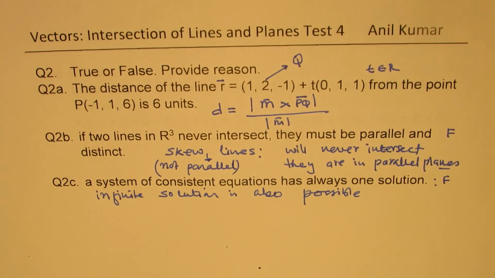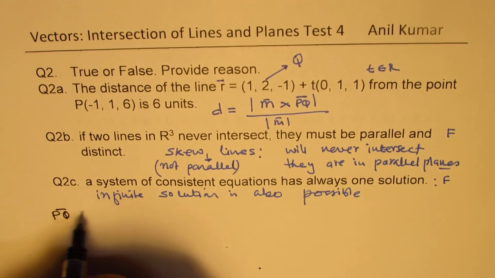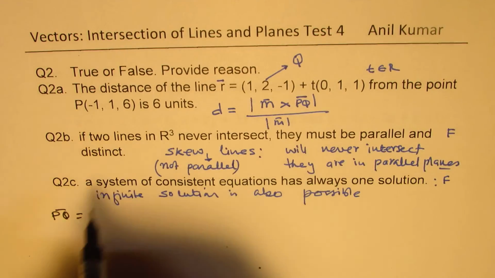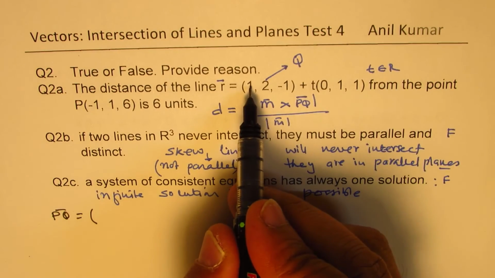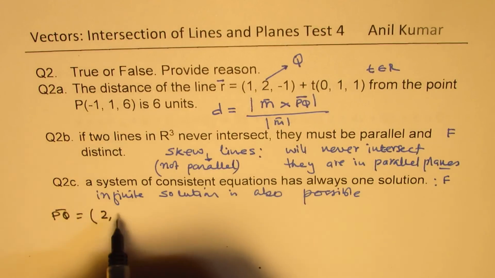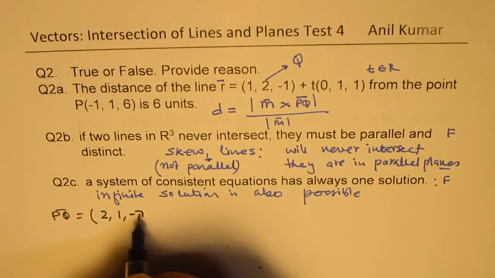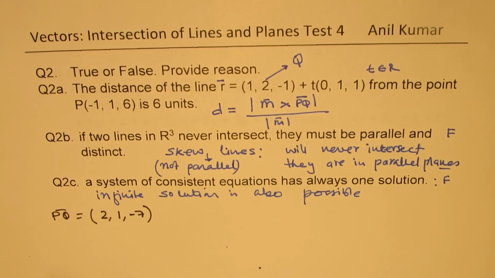Now, let's try to figure out whether 2A was correct or not, right? So, we are given P, let's find what PQ is. So, PQ will be, this is the point, 1 minus 1 will give us 2, 2 minus 1 will give us 1, minus 1 minus 6 will give us minus 7. So, that is PQ.